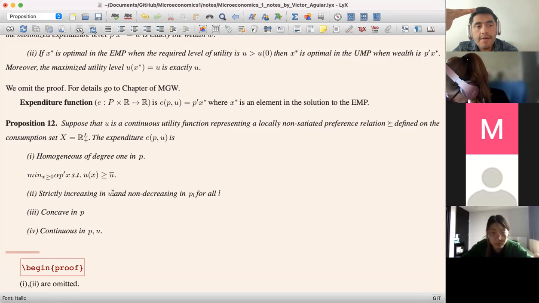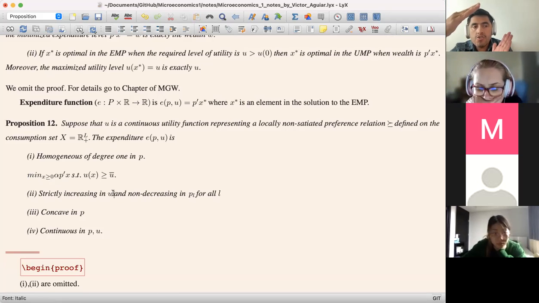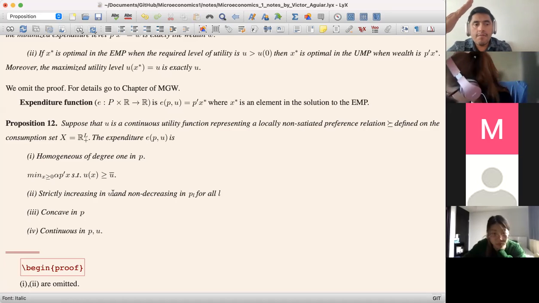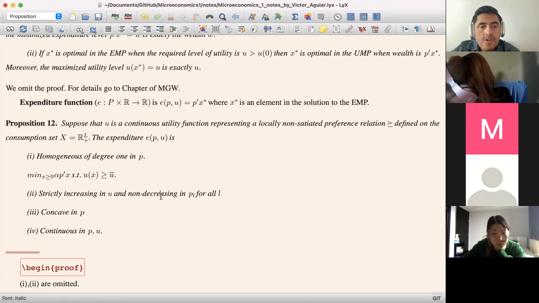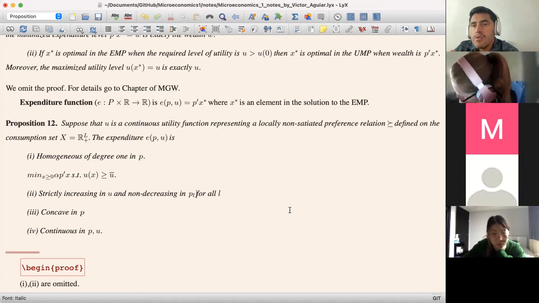The higher the utility, the more expenditure you need to fulfill it, right? So you need to be consuming at exactly the maximal level of utility because of local non-satiation. And this is also non-decreasing in prices for all L. And the reason why it's non-decreasing is the same reason of using the envelope theorem. We're going to use it in a second as well.